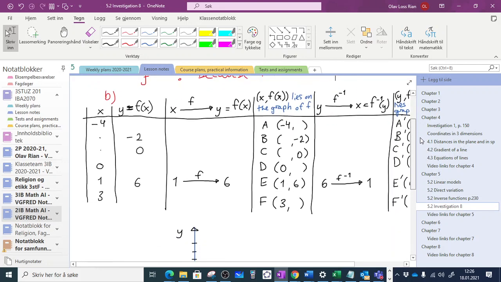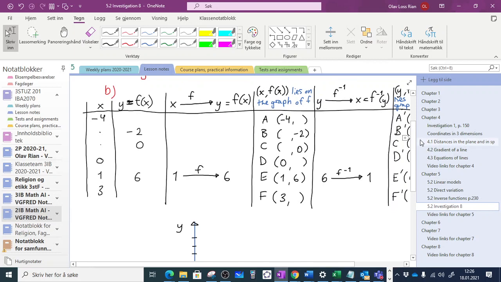And what we can see here is that there is a relationship between x and y values here. So x values and function values. This bit over here looks a bit mysterious. Yes? And we read this as the image of 1 under the function f is 6.